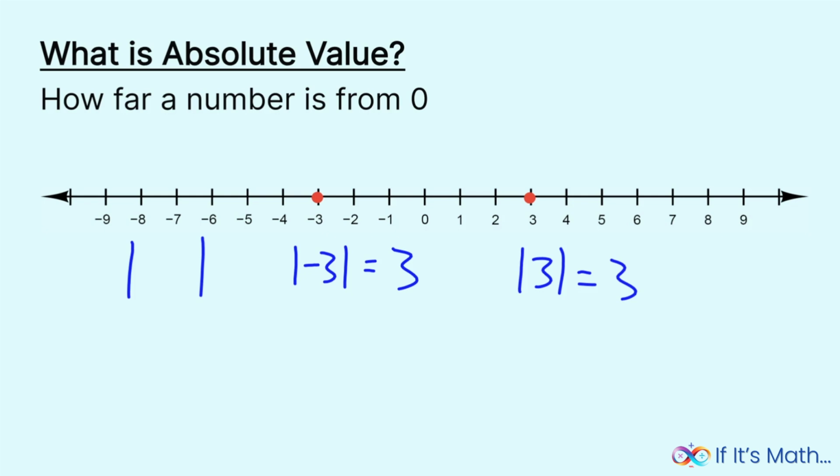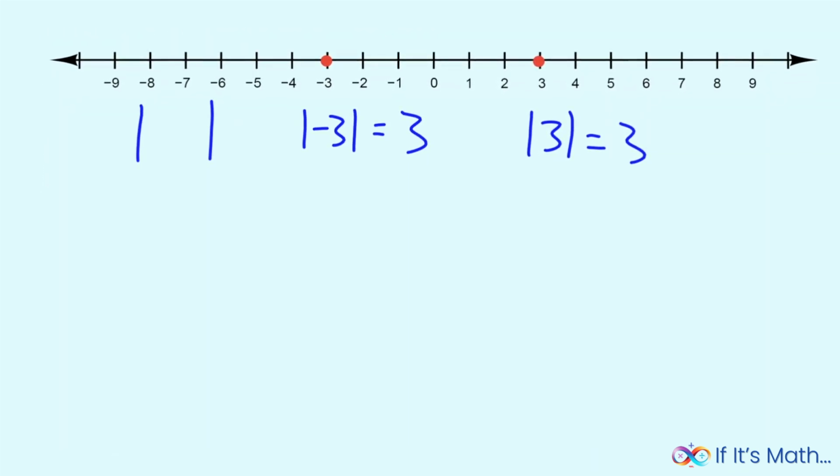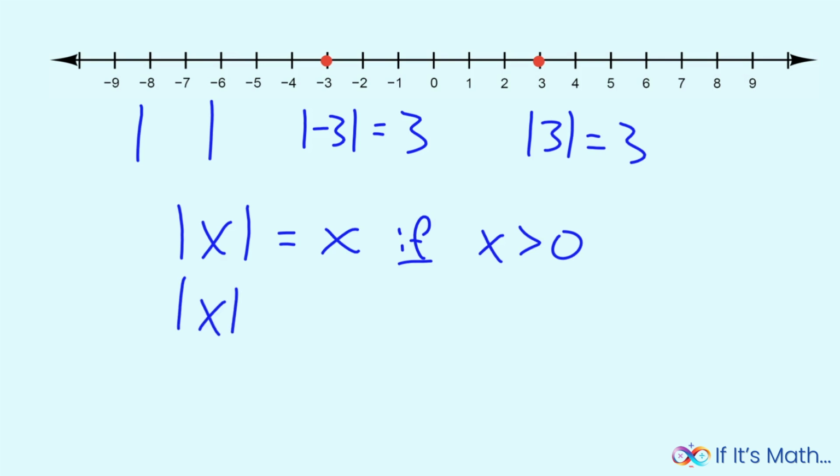If we think about putting that into a definition, what that tells us is that the absolute value of x equals x if x is greater than 0, and the absolute value of x equals -x if x is less than 0.